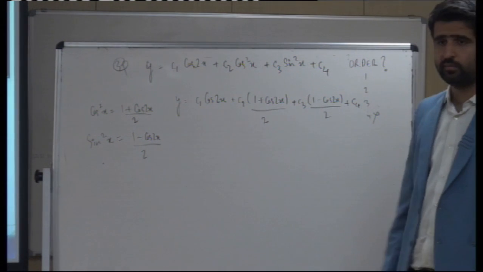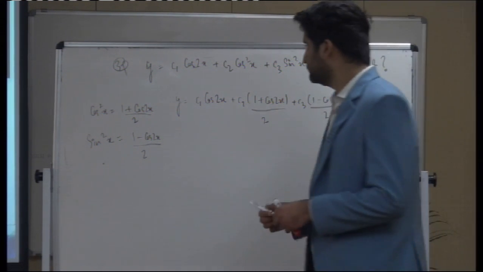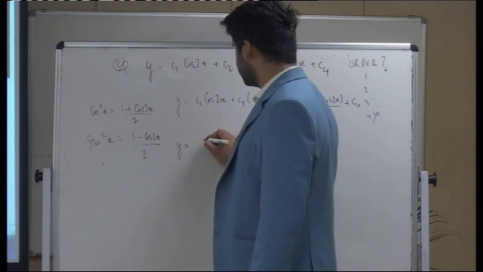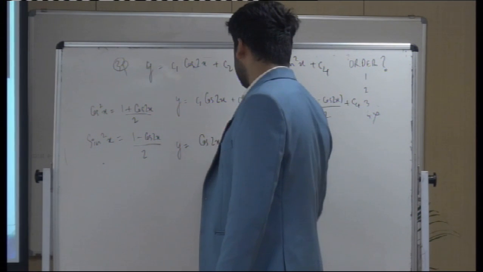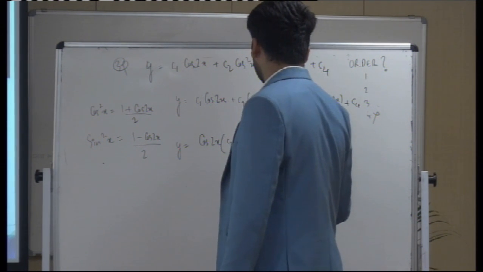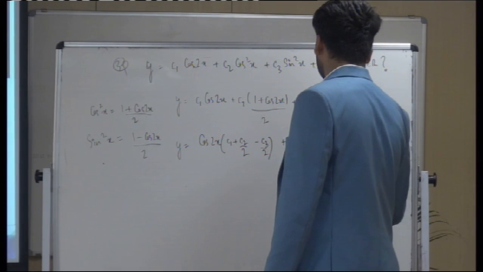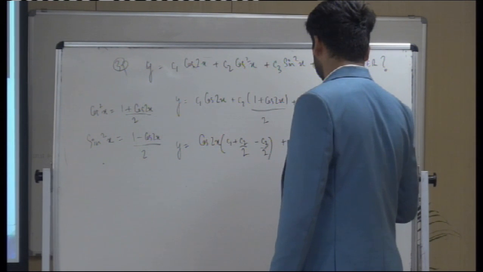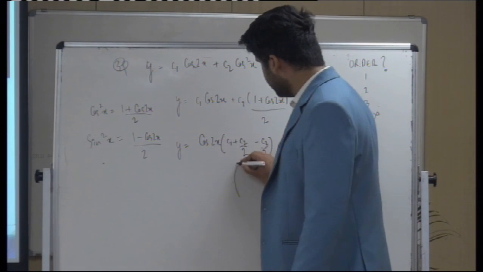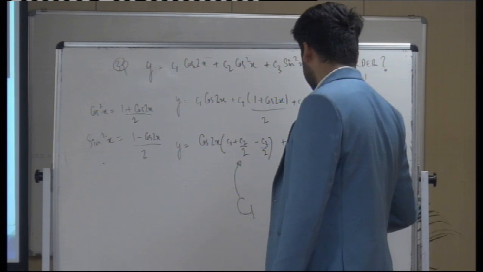Any idea now what will be the order? 2. Let's see how. So y is equal to, let's segregate the terms for cos 2x. We get c1 plus c2 by 2 minus c3 by 2, plus c2 by 2 plus c3 by 2 plus c4. I can take this as some other constant, let's say capital C1, and this is capital C2.